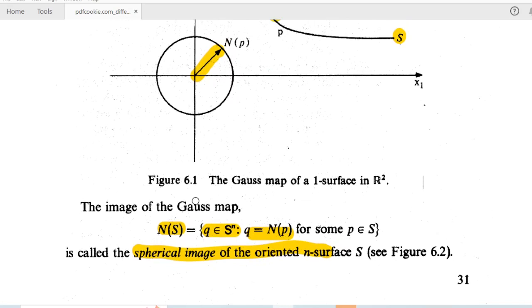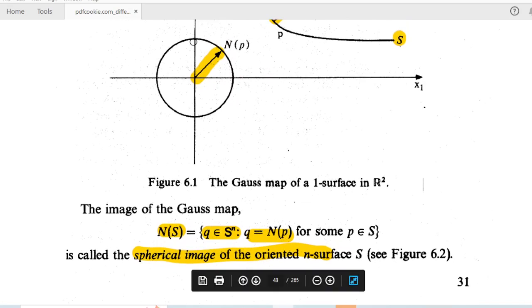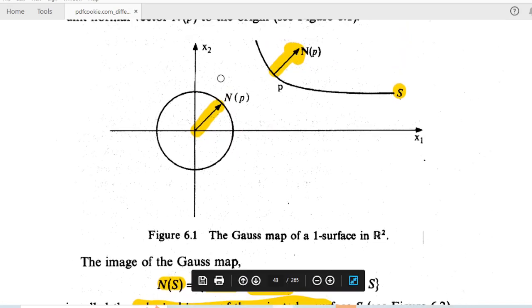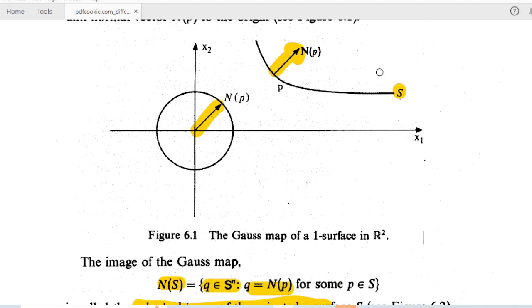N is the notation of the Gauss map, a map from S to S^n, which maps the unit normal vector field onto the origin of a unit sphere.